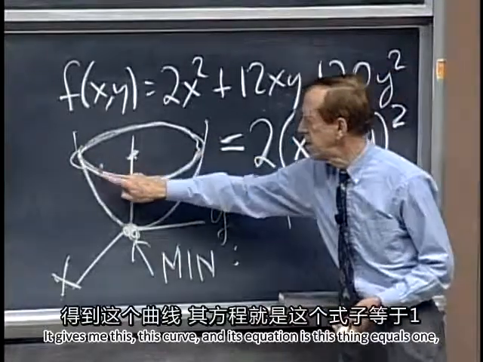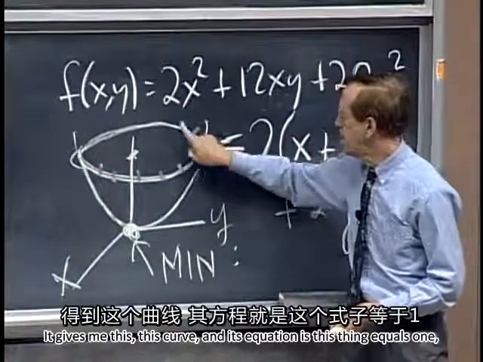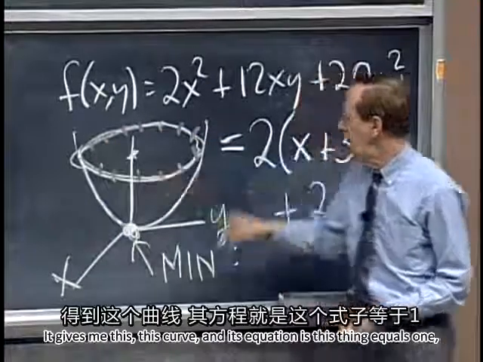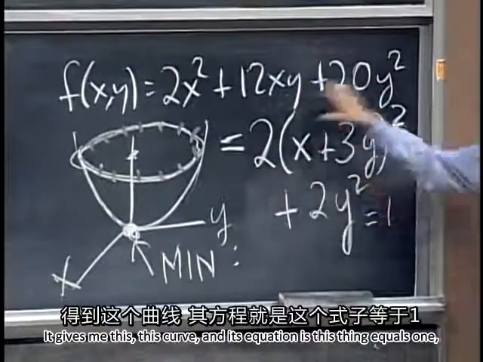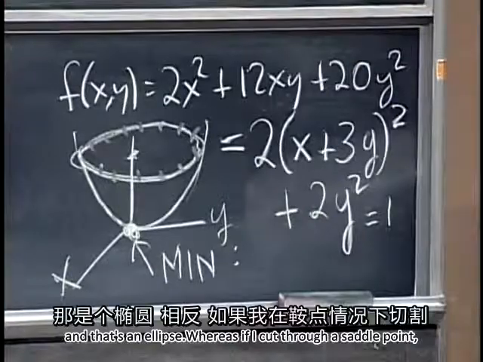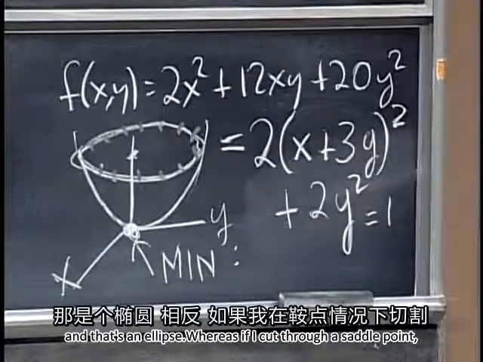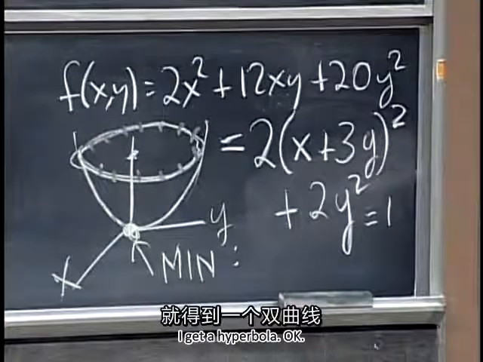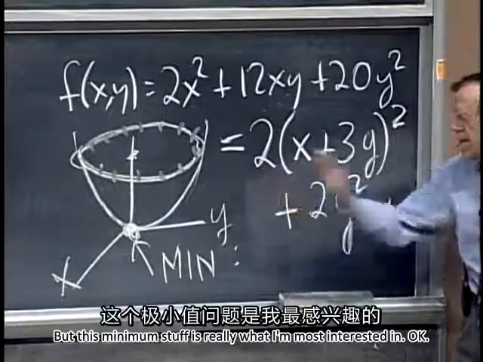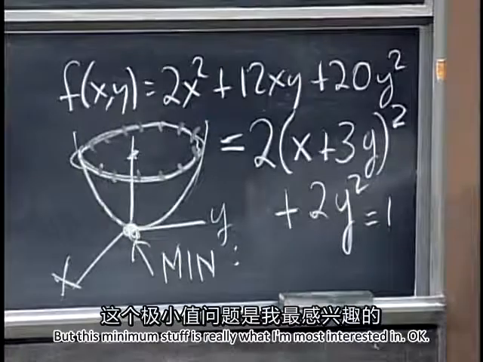It gives me this curve, and its equation is this thing equals 1, and that's an ellipse. Whereas if I cut through a saddle point, I'll get a hyperbola. But this minimum stuff is really what I'm most interested in.